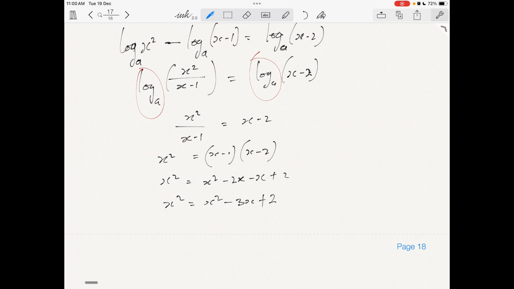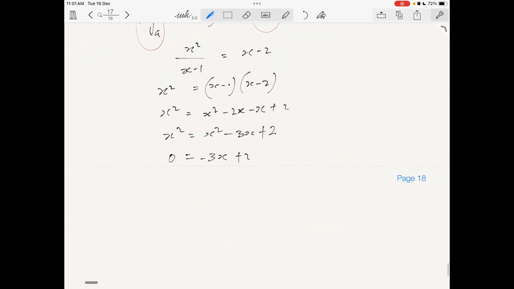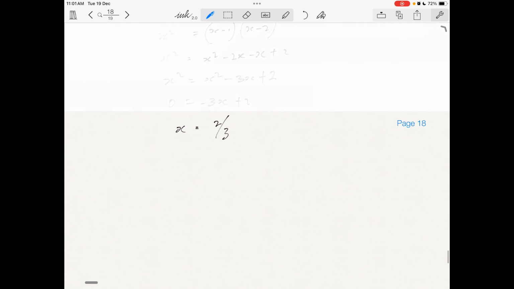So in this case x squared is common on both sides, so 0 is equal to minus 3x plus 2. So my x will be equal to 2 over 3. Now, having solved that, we can have quite a lot of logarithmic equations.